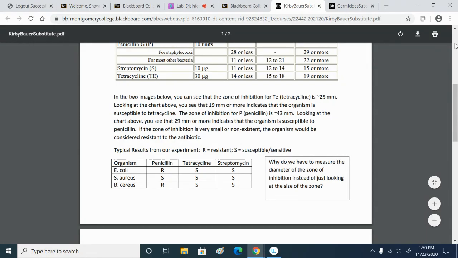How did you know that penicillin would not kill E. coli? So how do you know that?